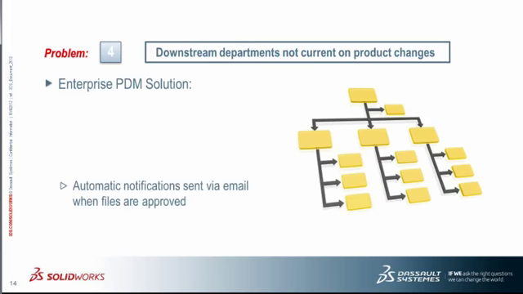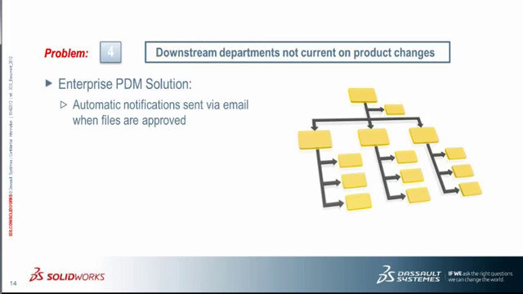So to handle this, Enterprise PDM has automatic notifications that can send out emails when files reach an approved state. So there's an electronic workflow that allows you to move a file through various sign-offs, and when it gets to a release state, emails can be sent off to people letting them know, and those notifications or emails have hyperlinks in them, so the person that receives that can click on the hyperlink and it'll take them right to the file inside of Enterprise PDM.